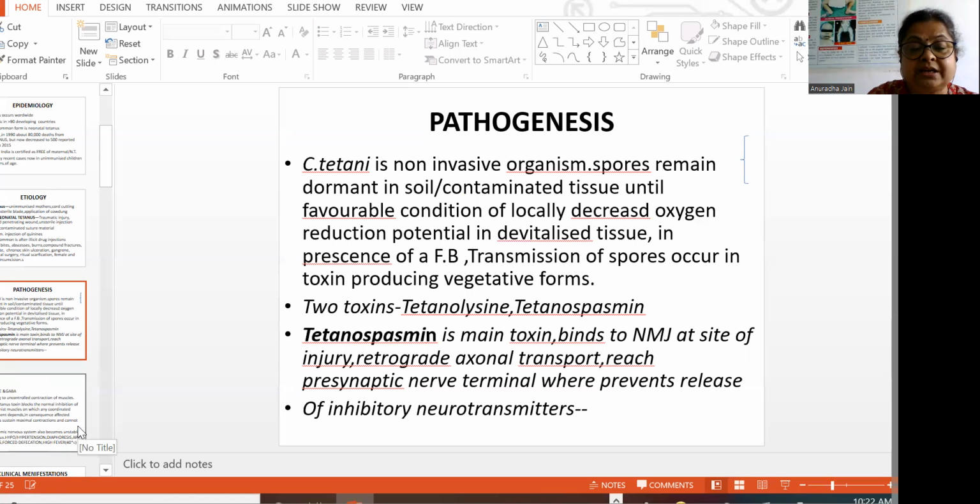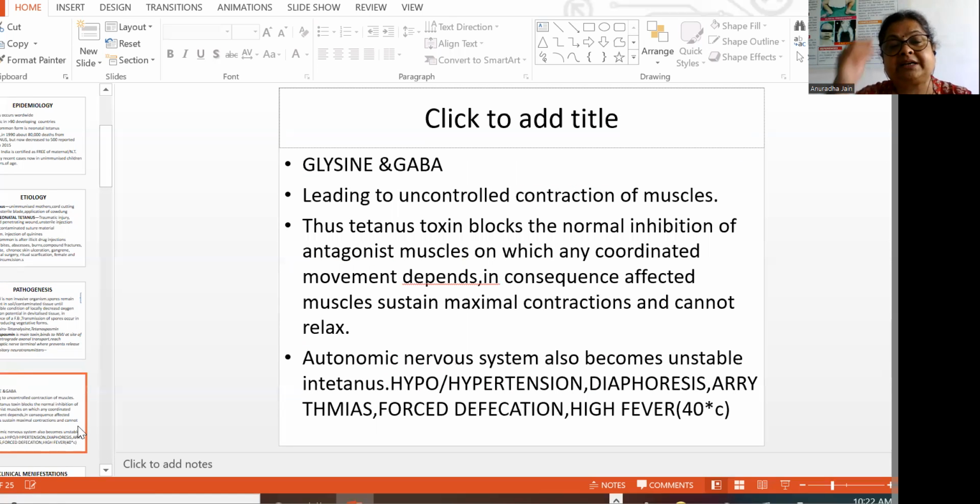Which are the inhibitory neurotransmitters whose release is prevented? That is glycine and GABA. This leads to uncontrolled contraction of muscles, because the inhibitory neurotransmitters' release is prevented. So there is now no inhibition of the contraction of the muscles.